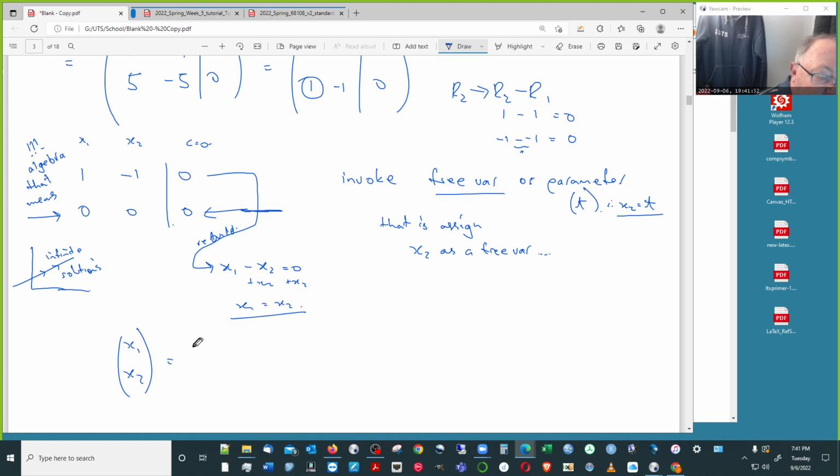So an equivalent vector is x2, x2. Now I can pretend that that's a result of a multiplication by some number, x2. So what would my vector be? 1, 1.